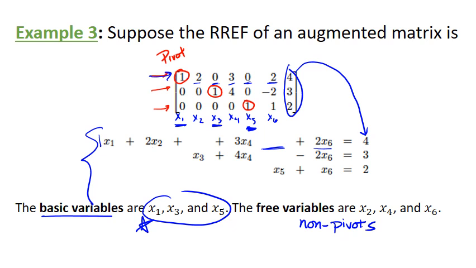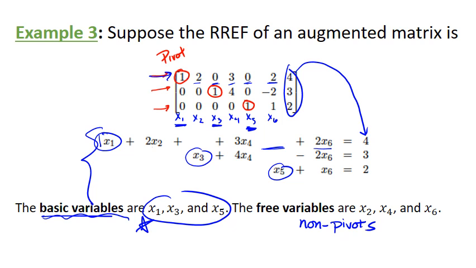Now if I look at this, x1 is only located in one spot. x3 is only located in one spot, and so is x5. Those are my basic variables. On the other hand, my free variables are everything else.